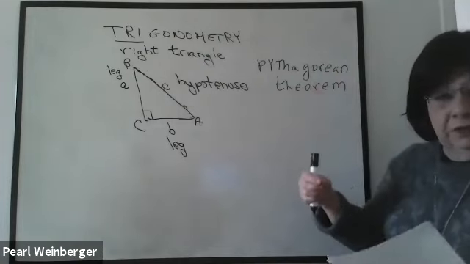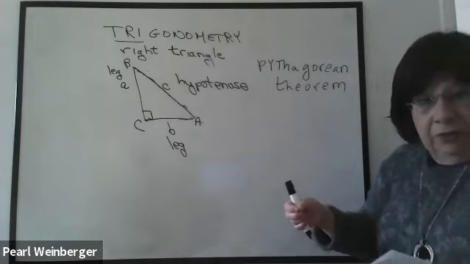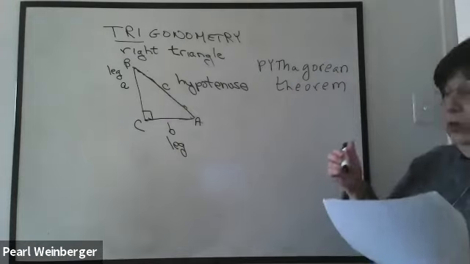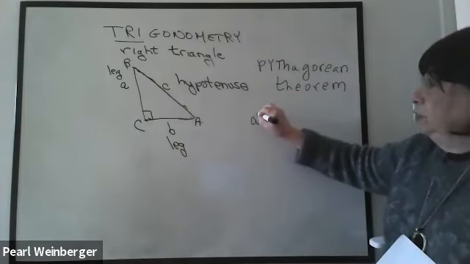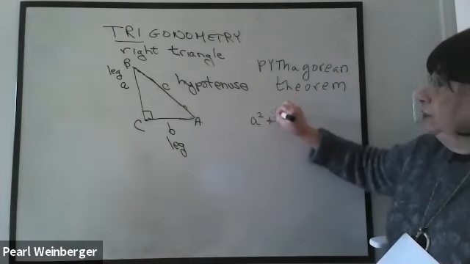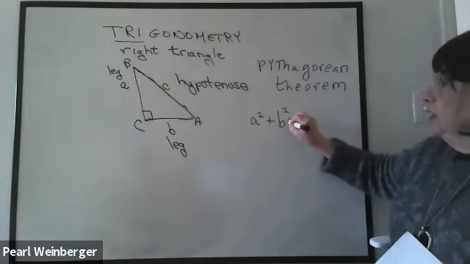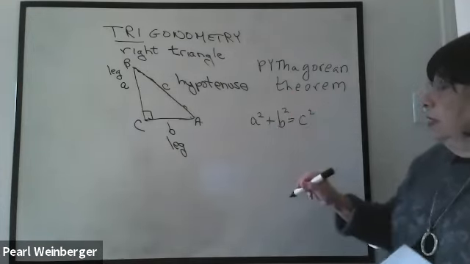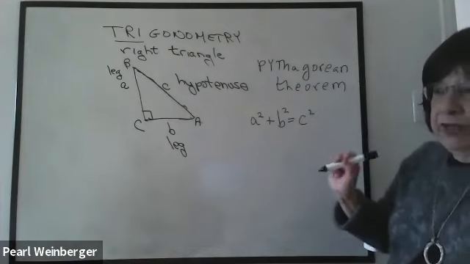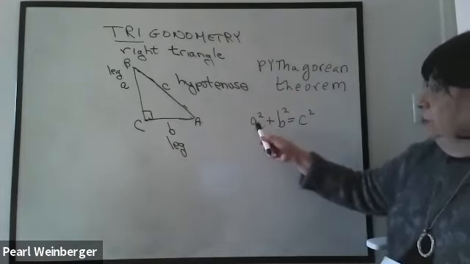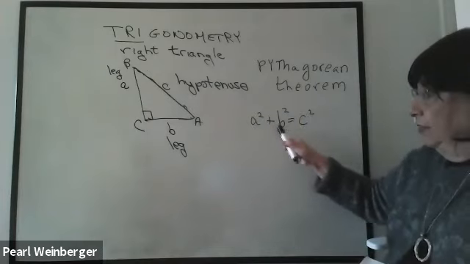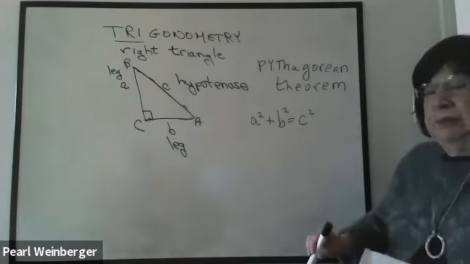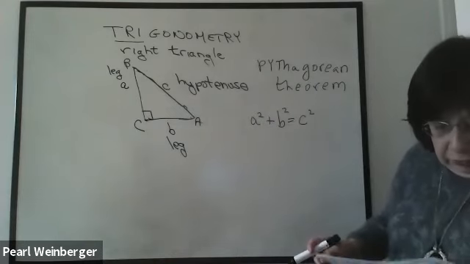And that is that in the right triangle, a squared plus b squared will equal c squared. Anytime you have a right triangle, if you square the two sides that are the legs, you multiply them each by itself and add them, you'll get the same number as just doing the hypotenuse squared.